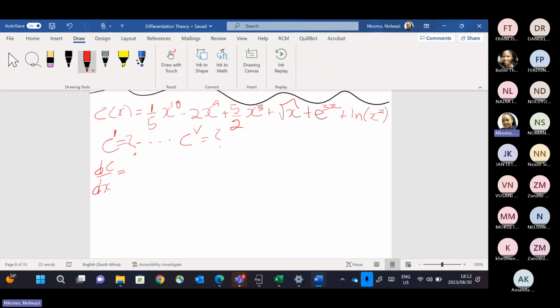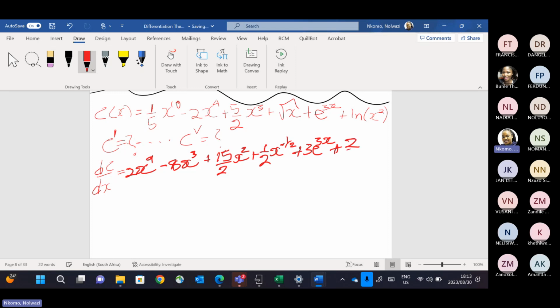For your first derivative, you should have 2 x to the power 9 minus 8 x cubed plus 15 over 2 x squared plus 1 over 2 x to the power minus a half plus 3x plus, okay, that is 1 over x squared times 2x, which gives 2 over x.